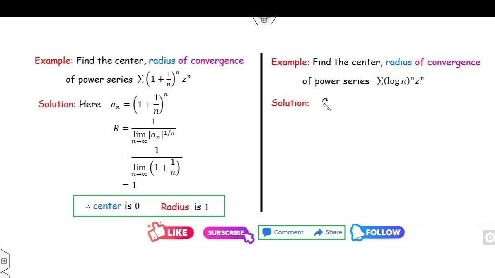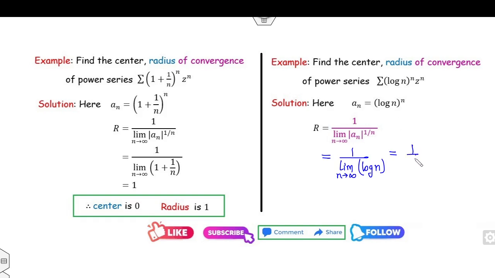Look at this case. What is a_n? a_n will be your (log n) raised to power n. Again the power n appears, so I can use the same formula. So what is the answer? It is the limit as n approaches infinity of log n. The n and the 1 over n will be cancelled out. So what is the log of infinity? It will be 0.